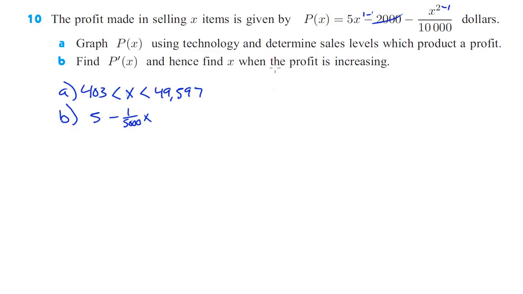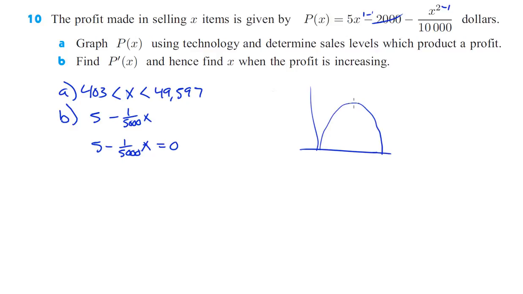Okay. Hence, find x when the profit is increasing. All right. So to find x when the profit is increasing, if we're using our derivative function here, basically what we want to do is set our derivative function equal to 0. If you remember what the graph looks like, it looks like this here, right?